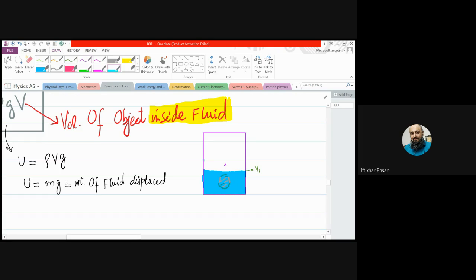Let's say that level is V2. So the volume of the object is V2 minus V1.